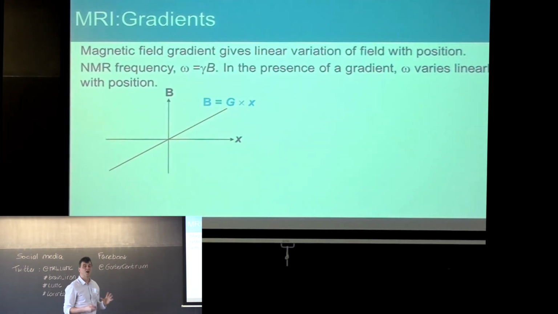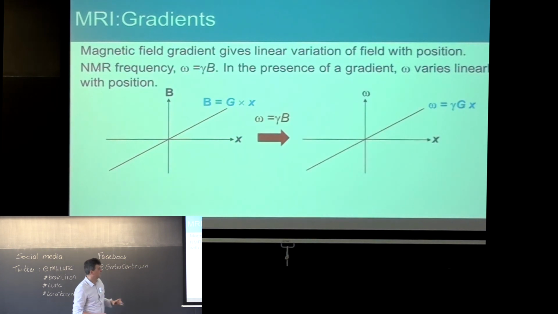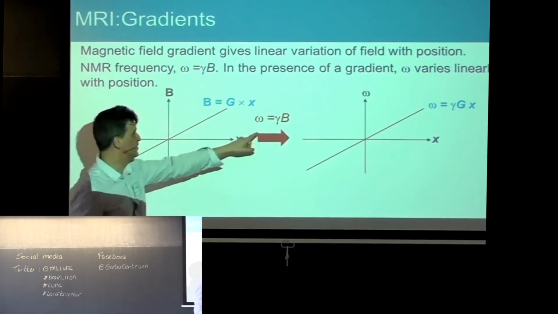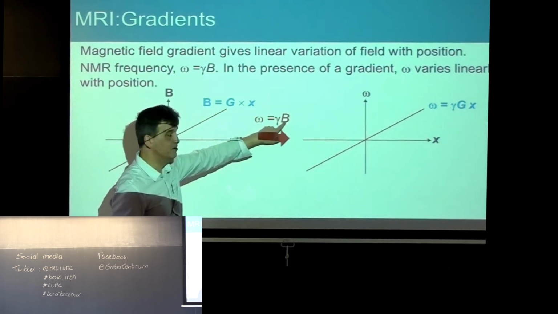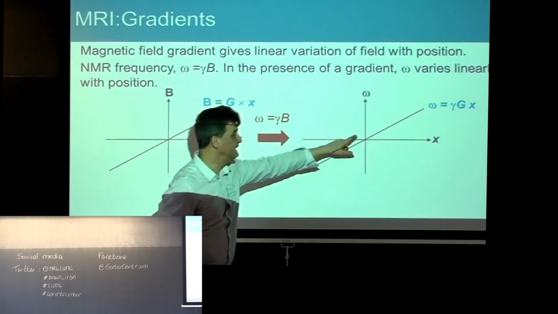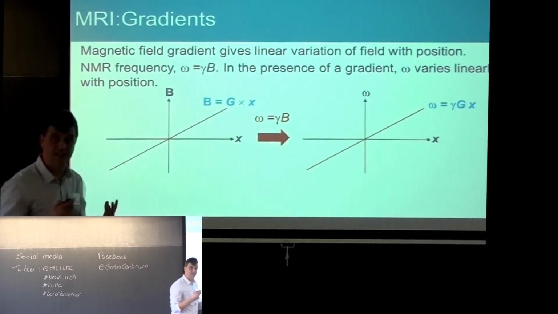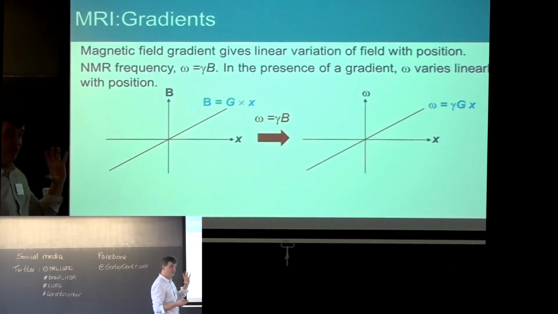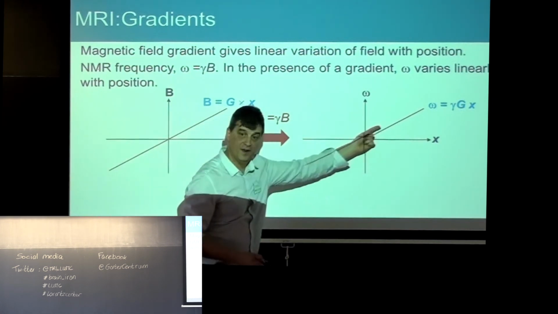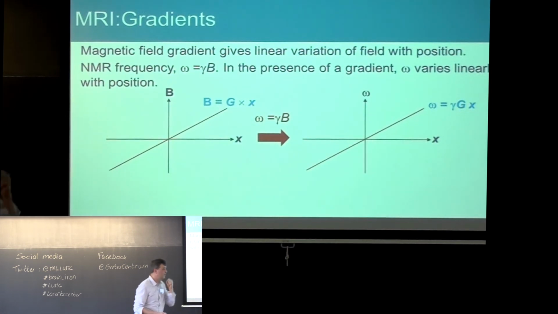Because we know that omega, the frequency of precession, is equal to the magnetogyric ratio times the field, if we apply a magnetic field that varies linearly with position, then the NMR frequency also varies linearly with position in the object.